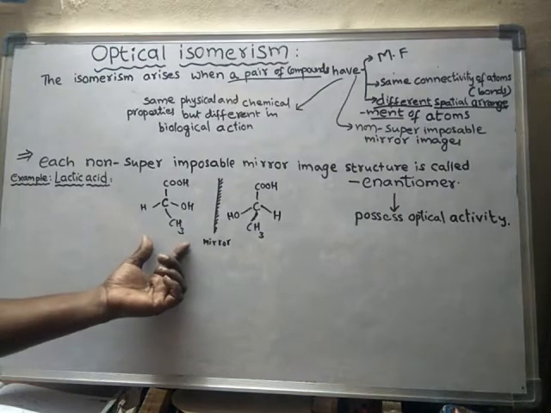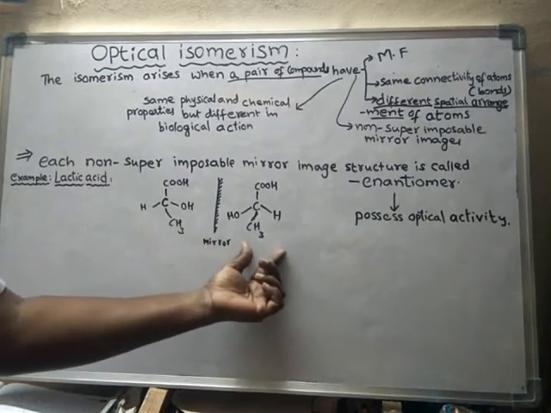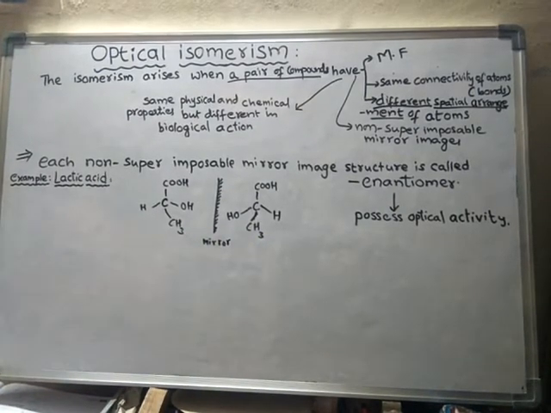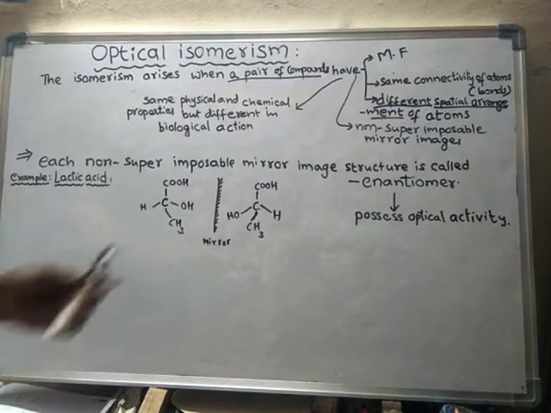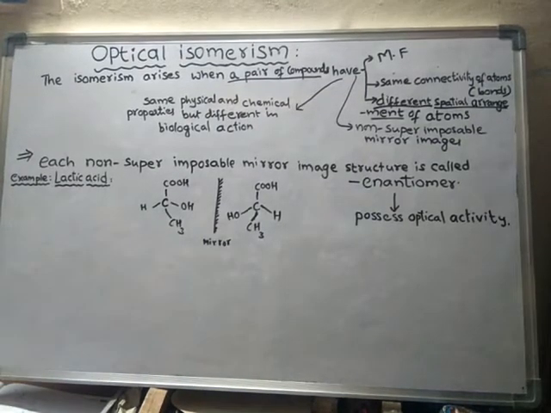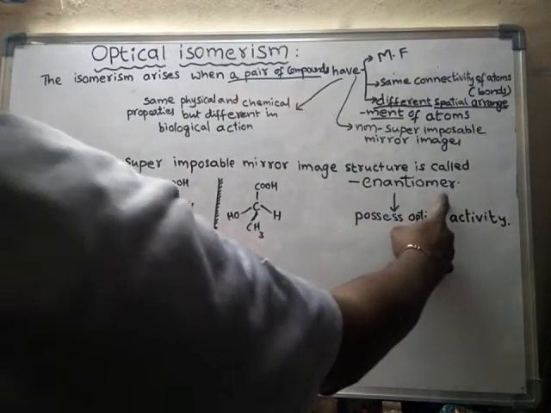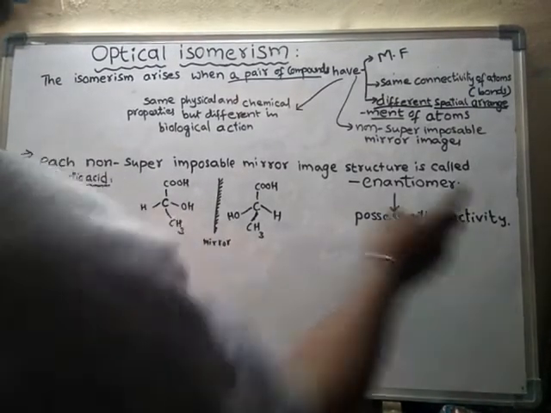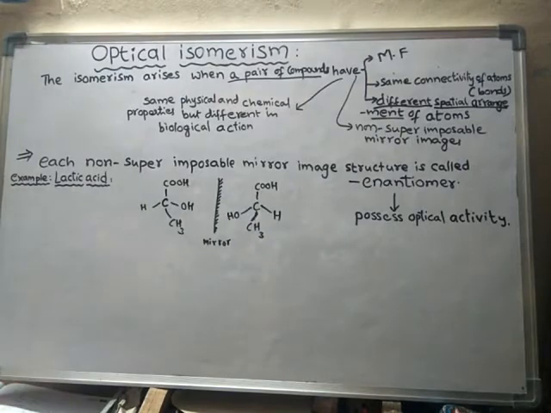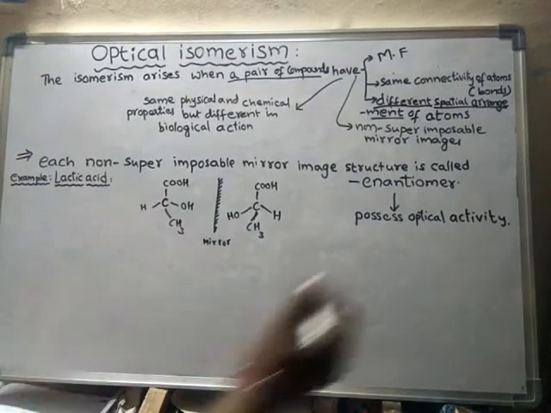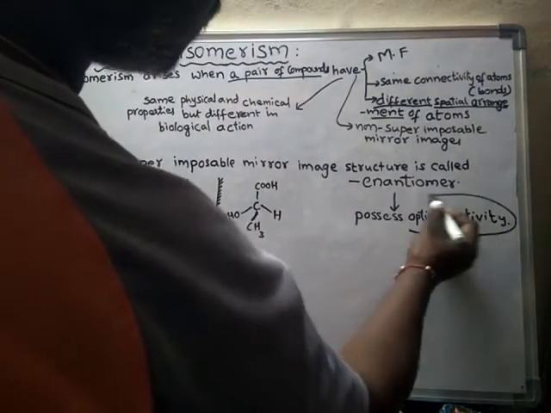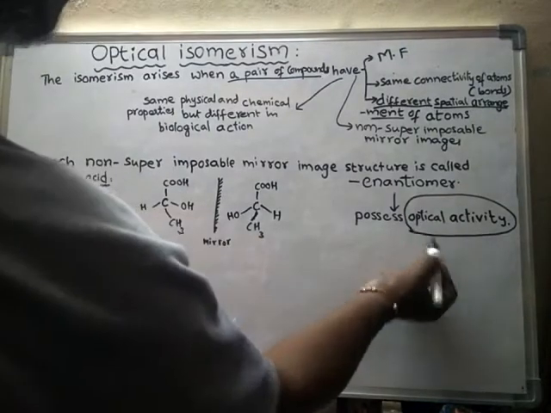So this is the enantiomer of this one and this is the enantiomer of this one. So these two are said to be an enantiomeric pair, a pair of enantiomers. Enantiomers always possess optical activity. What is the meaning of optical activity?